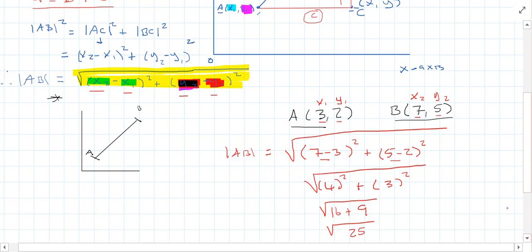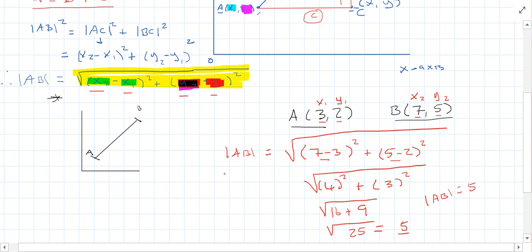And the square root of 25 is equal to 5, because 5 5s are 25. So therefore, the distance between A and B is going to be equal to 5.